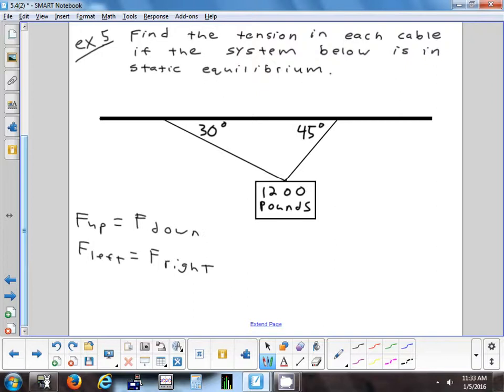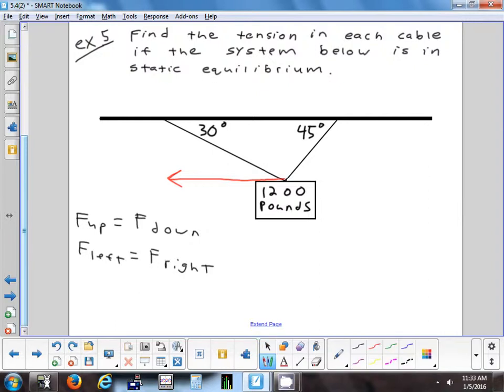All right, so let's draw some arrows. I'm going to make triangles out of these two vectors. This vector on the left is pulling to the left. We know it's pulling to the left because if you cut it, the weight would swing to the right. Some component of it is pulling left, and it's also pulling up.